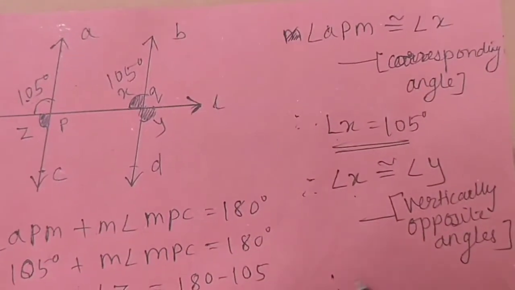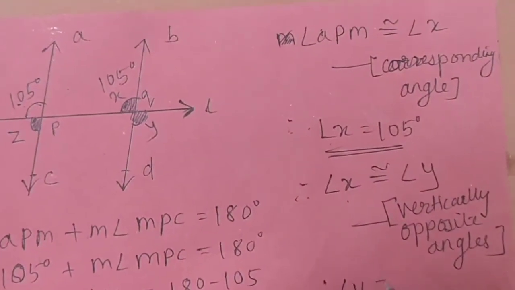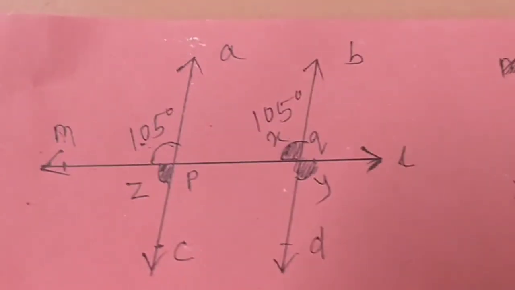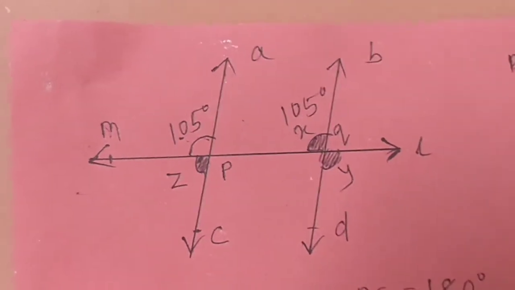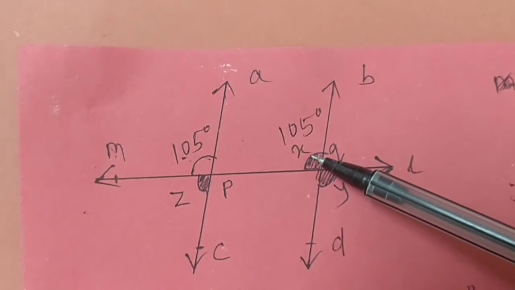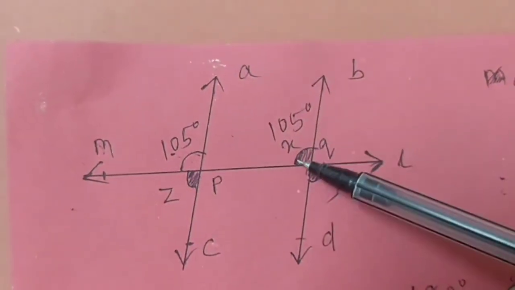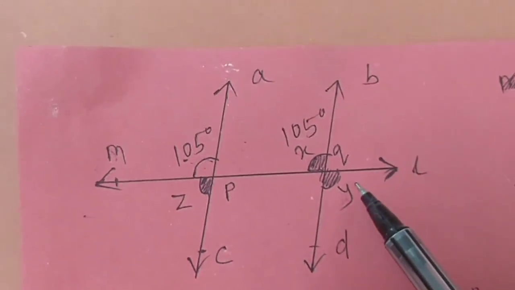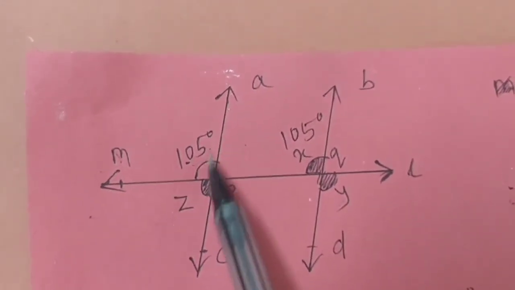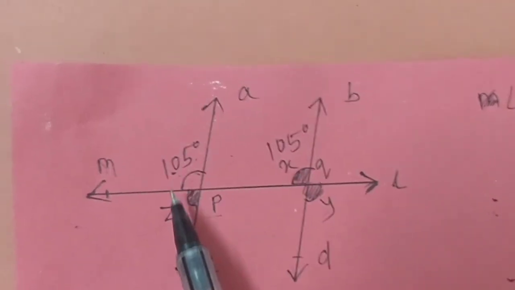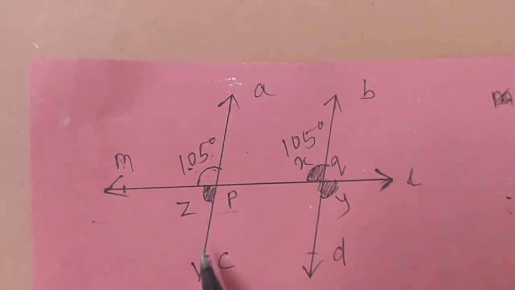Therefore angle y will also be equal to 105 degrees. Understood? It's very easy. In the exam you will be asked this. If you know this angle, this will also be equal to the same angle. These are vertically opposite, that's why they will be congruent. And you can do it this way also: these are linear, so their sum will be equal to 180 degrees. So 180 minus 105, you will get 75.